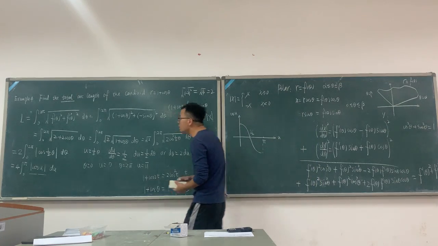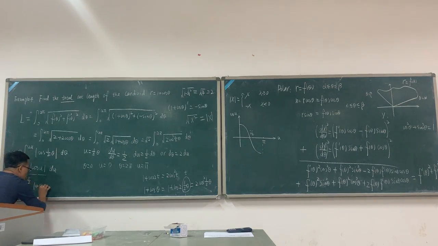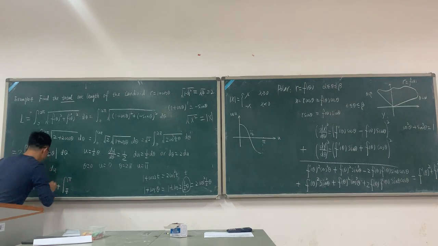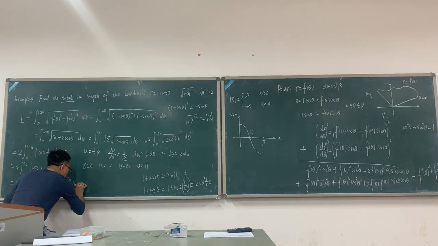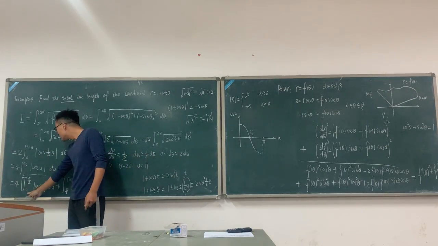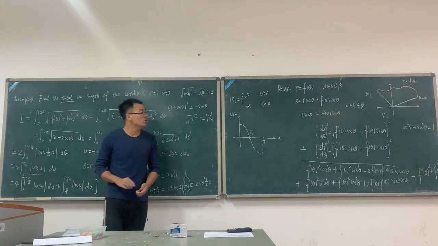So we should divide it in 4. It is the integral from 0 to 1/2 pi of the absolute value of cosine u du, plus the integral from 1/2 pi to pi of the absolute value of cosine u du.